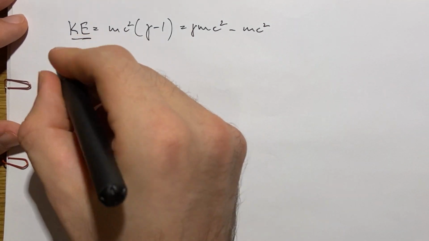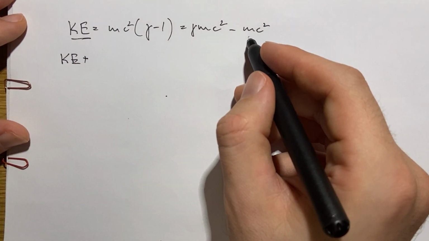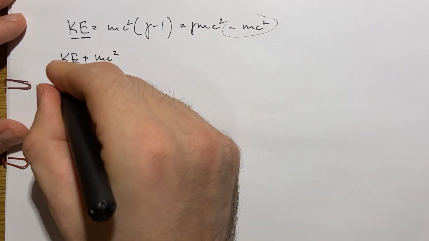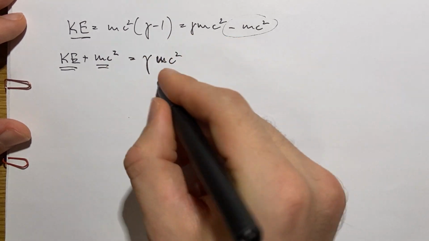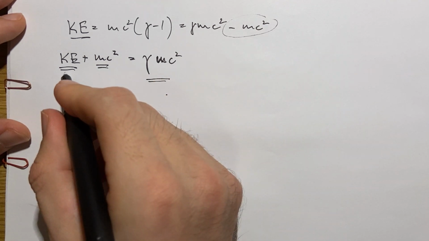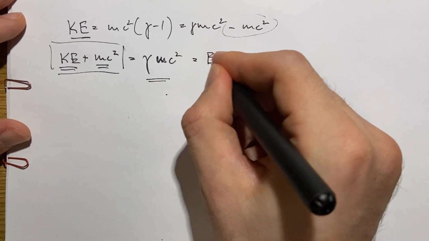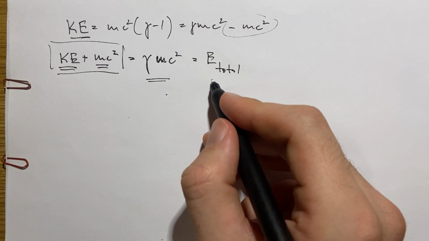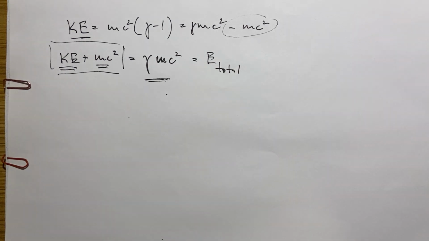If we have the kinetic energy plus this factor here, plus mc squared, then the kinetic energy plus this factor will equal gamma mc squared. So this kinetic energy plus something equals, this must mean that this is a total energy. So this is E total, the total relativistic energy of an object is gamma mc squared. Yeah, that's pretty cool. Gamma mc squared.